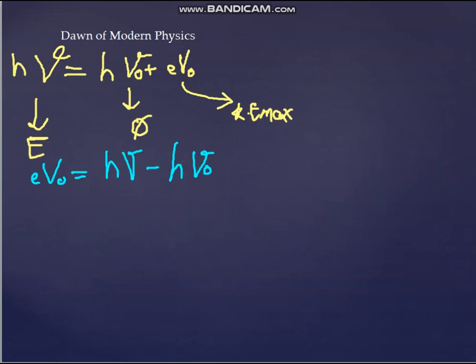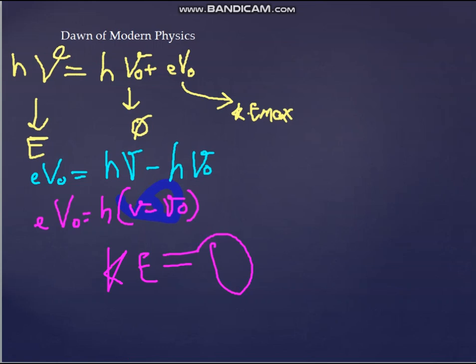Let's see what happens then. If nu is equal to nu naught, then this whole factor would become 0, which means the kinetic energy will become 0. Right? So the kinetic energy will be 0 when nu is equal to nu naught.